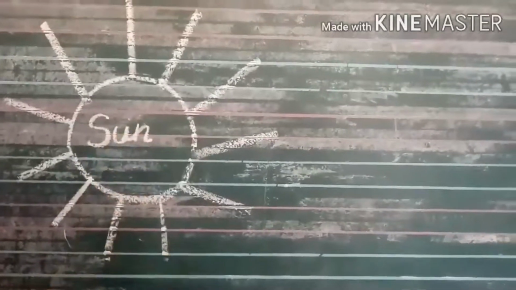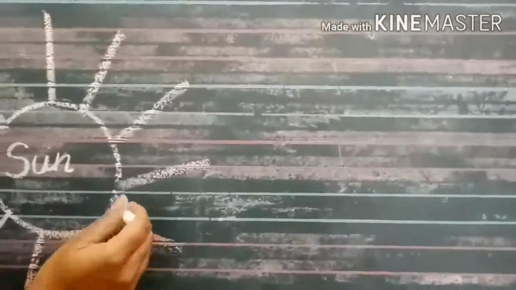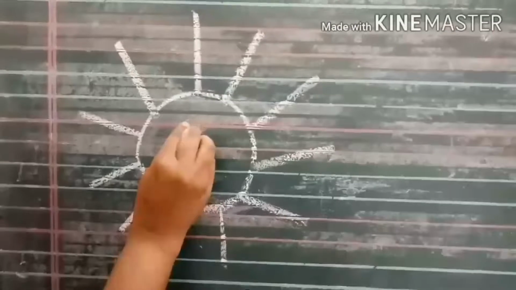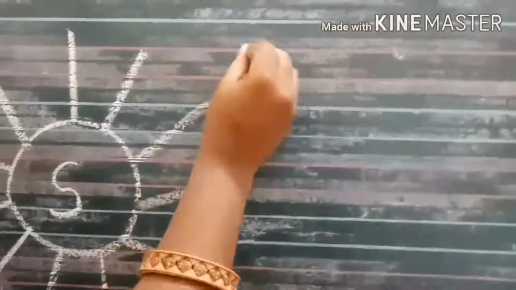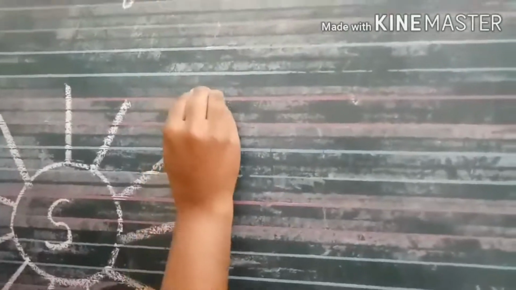Fifth one is which of the following statements is not correct about the earth, it's option C, its movement around the sun in a fixed orbit is called rotation. Right children? Yes.